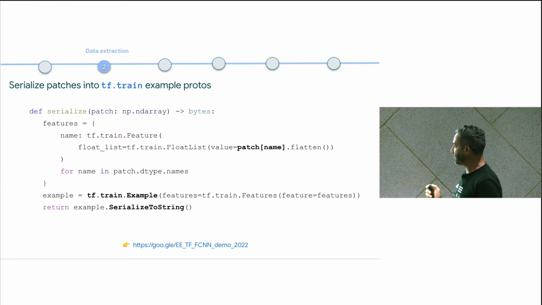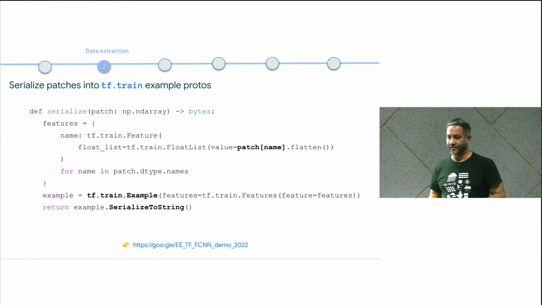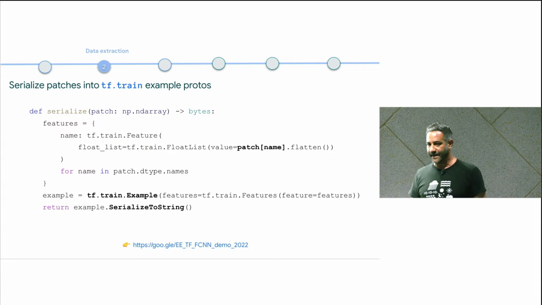You shove it into a tf.train.Example, and you serialize it into a string, and that's it. So this is just converting blocks of NumPy float data into a serialized format that TensorFlow can read.